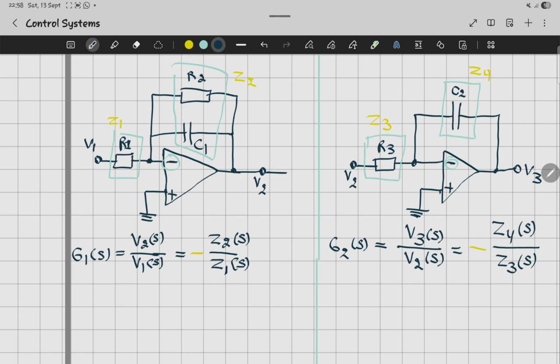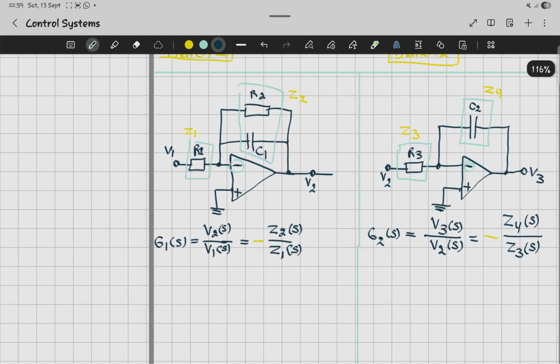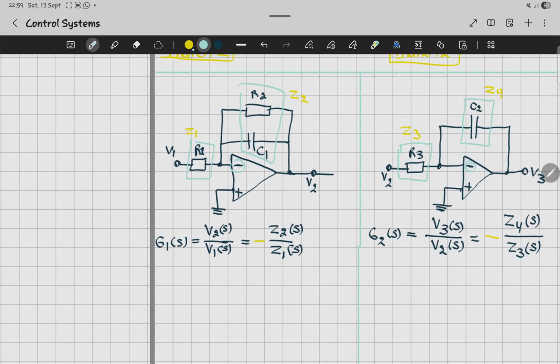The transfer function will be the output over the input. So that's what we're going to get there, and we're going to break it down and solve them separately. Since we got this, we're just going to break it down again.